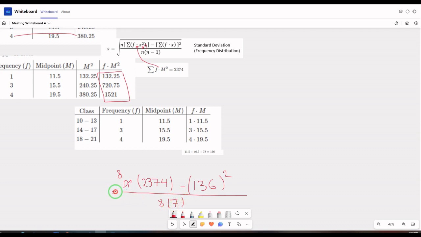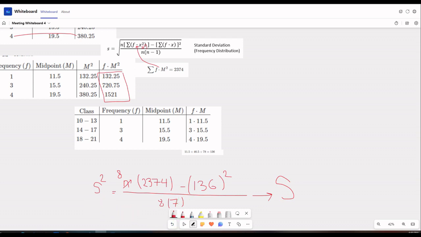Okay, and this is your variance. So your variance would be this value, and if you take a square root from both sides, it will give you the standard deviation.